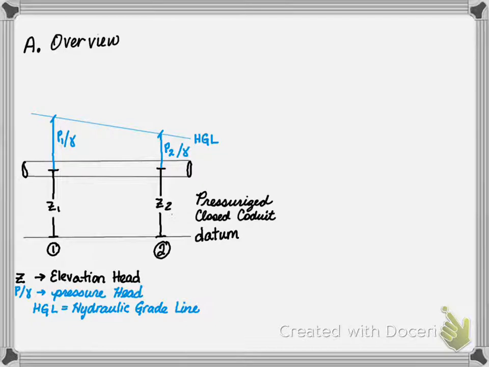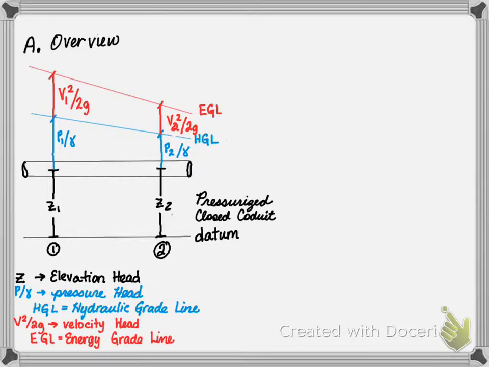Another way to think of pressure head is to assume that if there was no pressure, the pressure head would represent the actual water surface. That is why the slope of the pressure head is referred to as the hydraulic grade line, or HGL. The third term is referred to as the velocity head. It is measured from the hydraulic grade line to some distance above.